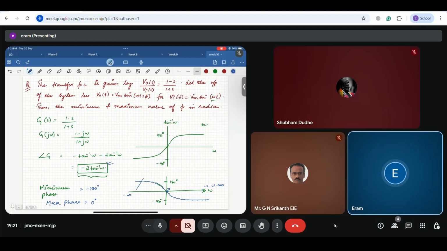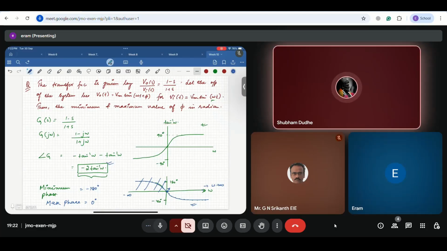This part we don't consider because we discuss positive frequencies, not negative frequencies. So our region of interest is just when omega is varied from 0 to infinity. How do we draw this graph?